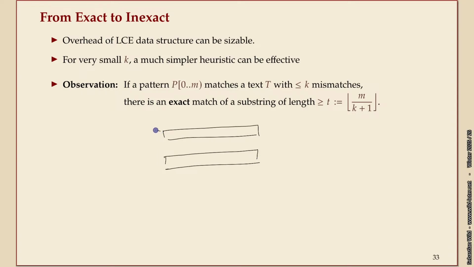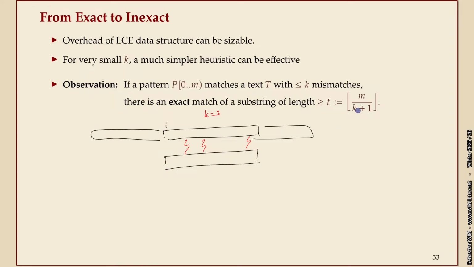That's my text. The text continues, but all that counts is some specific starting position in the text. Now, let's say k is 3. So there are some mismatches here. I don't know where they are.